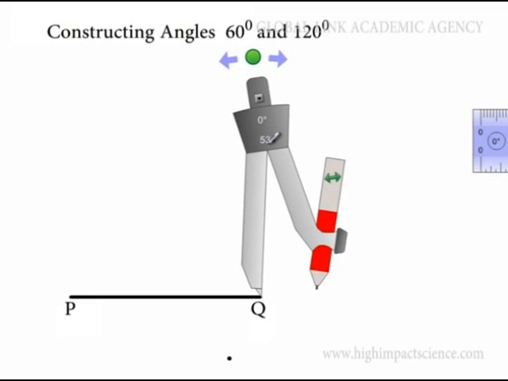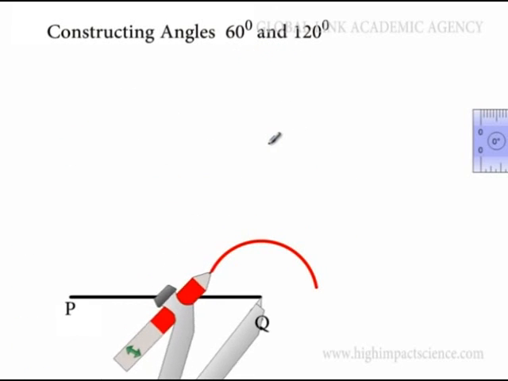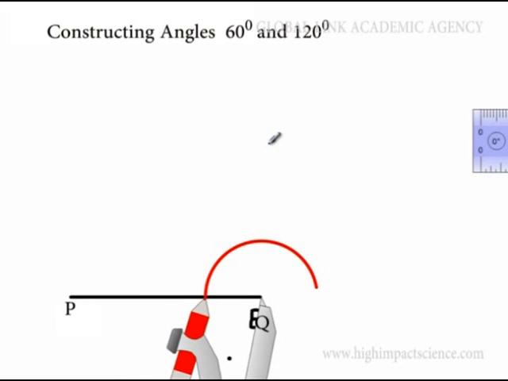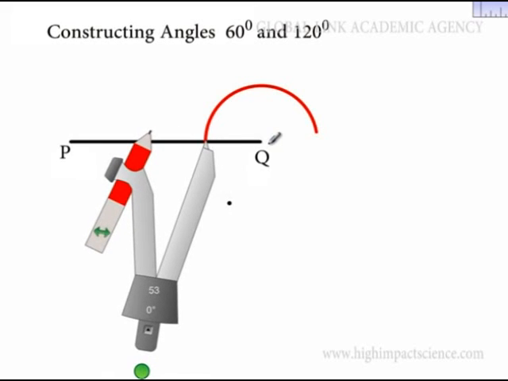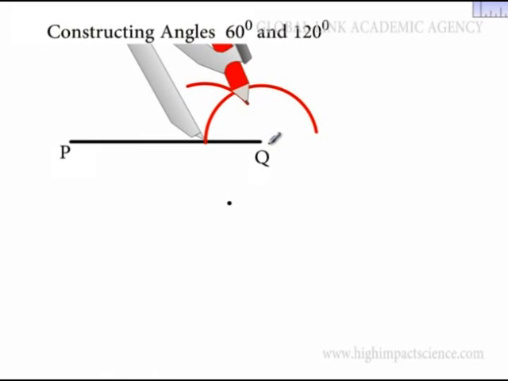So I place the compass at Q and swing an arc to cut the line PQ. Now, maintaining the same radius, I place the compass at this point and again swing an arc to cut the first one.